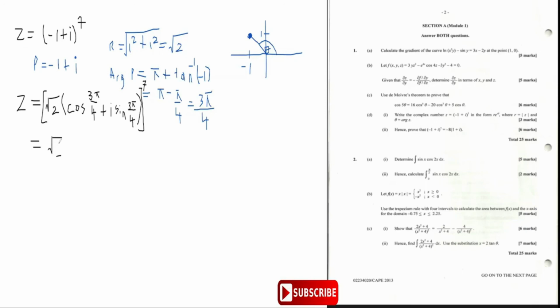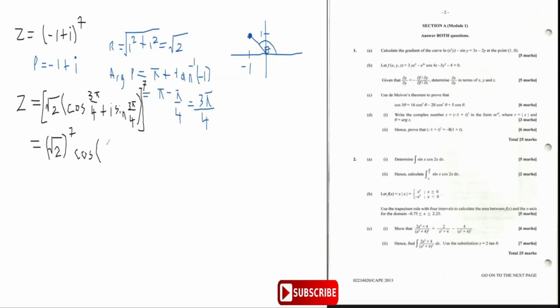So we're going to use the Marvelous Theorem again. It's going to be root 2 to the 7th power times cos theta plus I sine theta to the n is cos n theta. So it becomes the cosine of 3 pi by 4 times 7. 7 times 3 is 21.